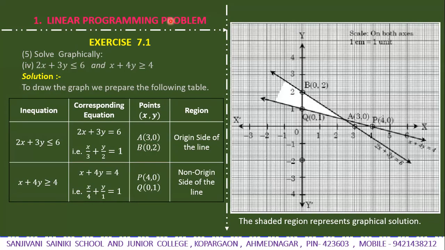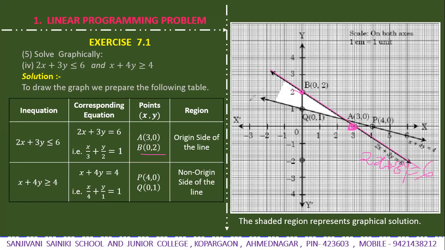Here is A (3, 0), then the second one is (0, 2). Then draw a line which passes through these two points, and at the same time give its equation to this line: 2x plus 3y is equal to 6.